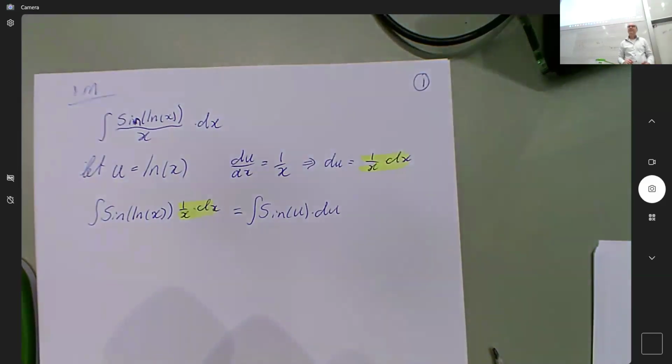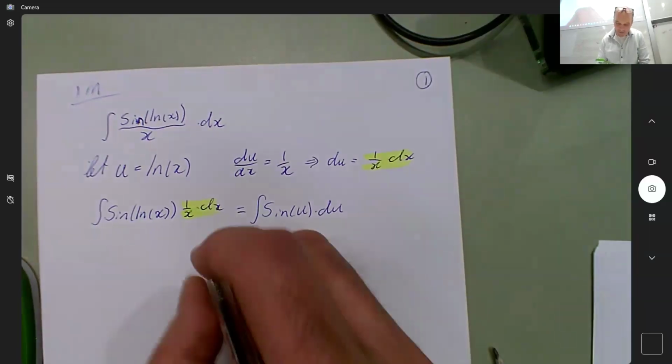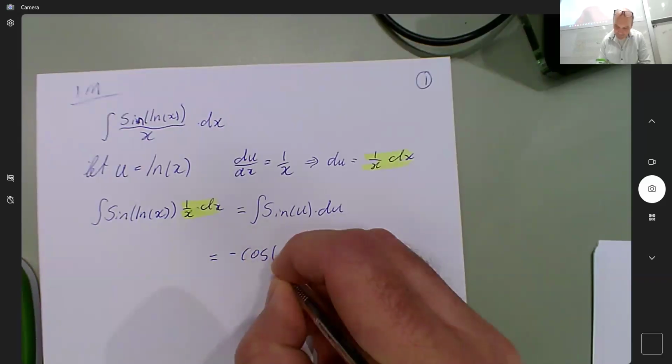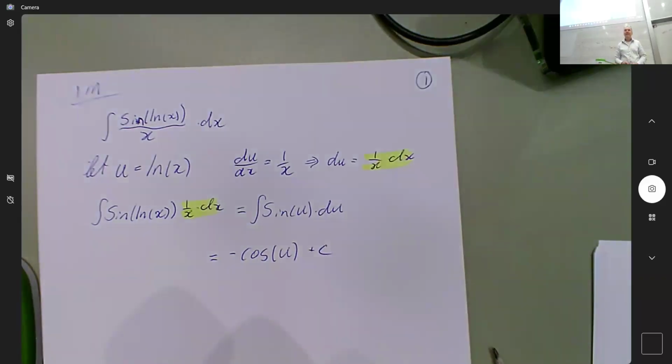I can do that really easily, can't I? Because the derivative of cosine is minus sine, so the integral of sine is minus cosine of u. And we should go plus c, because there is at least 1 mark in the exam for plus c. Quite literally, if you forget the plus c, you lose 1 mark.